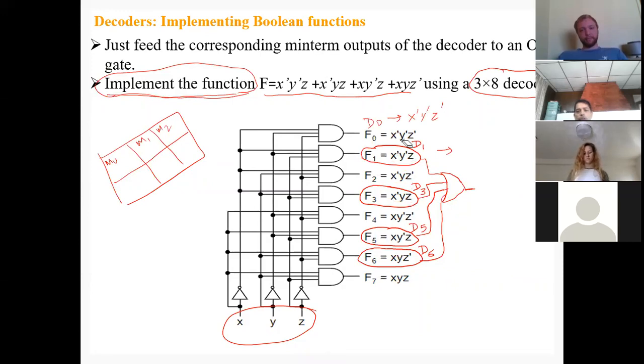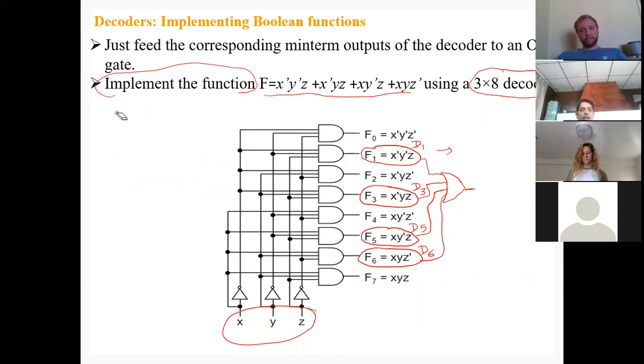Now, can you use this to implement this function? You have the outputs ready. Now you have all these ready. Then what do you need to do? Just one more thing: add them all together. Plus, plus, plus.